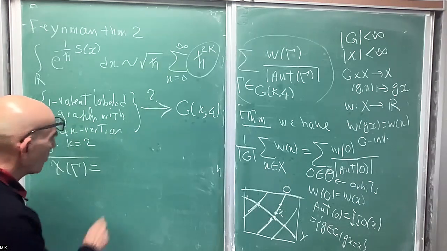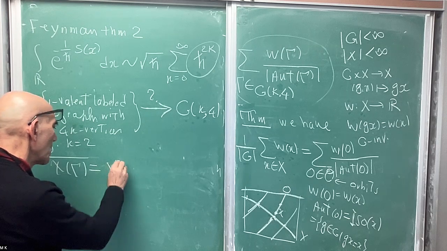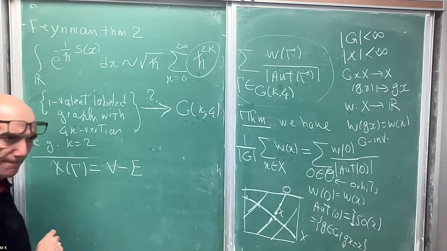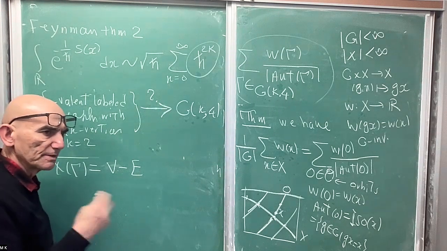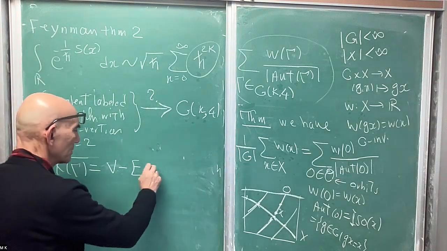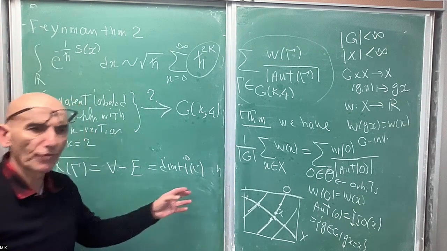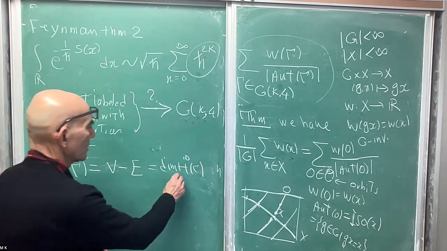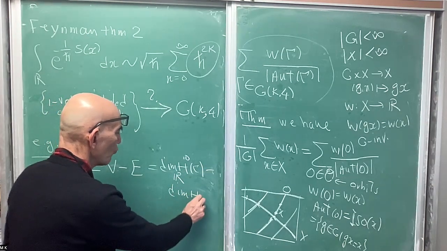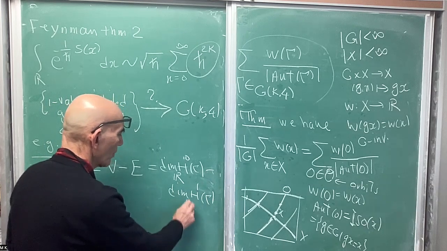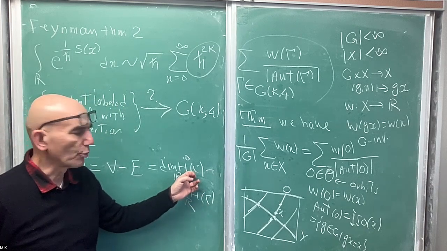Well, this is the number of vertices minus the number of edges, which is, by some very simple homological algebra, the dimension of h0 of the graph, the number of connected components of the graph, say over R, in this case, h0 over R, minus the dimension of h1 gamma over R. So this would be the number of loops, and this is the number of connected components.